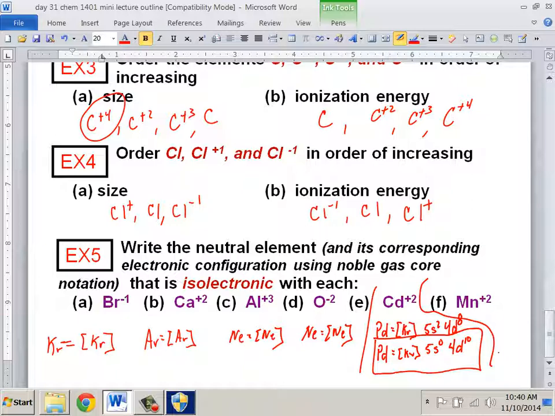Argon in brackets. Or what's the element first? Vanadium. Okay, vanadium, and it's argon in brackets. And then what did you say? 4s0, 3d5. Does everybody agree? Yeah, see? You're going to fly through this homework, right? Go home and do it right now, and then you'll be done. So have a good day.